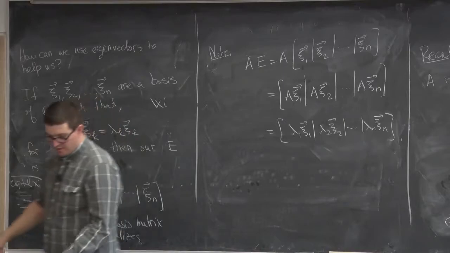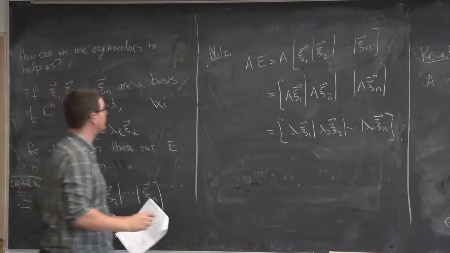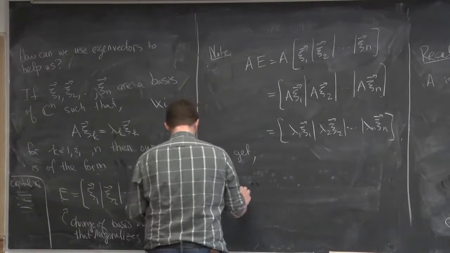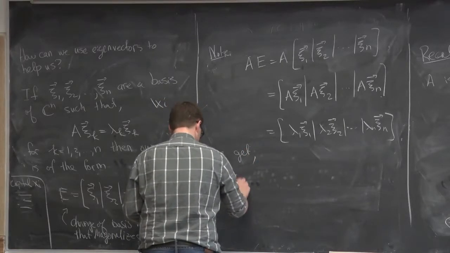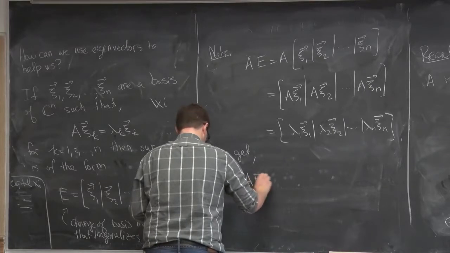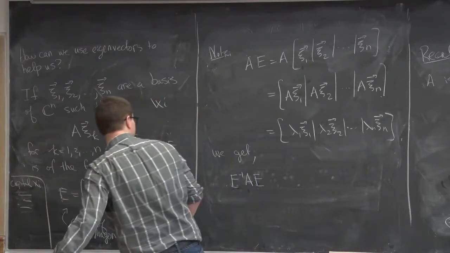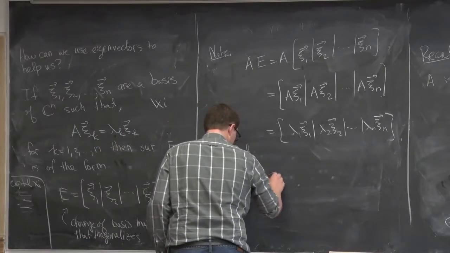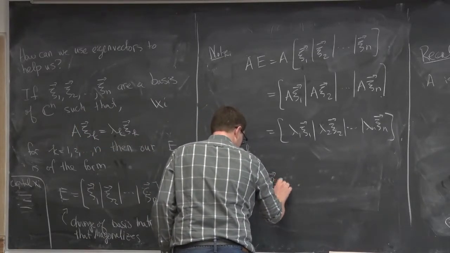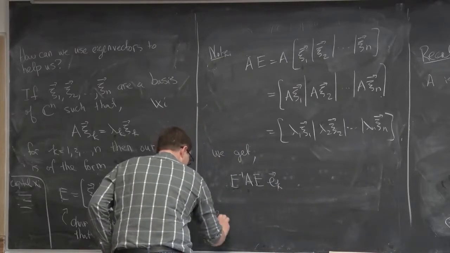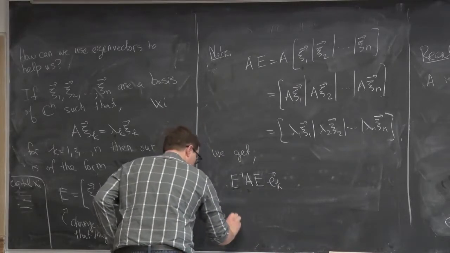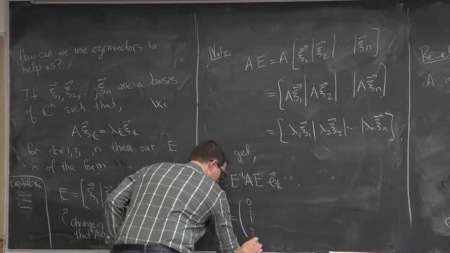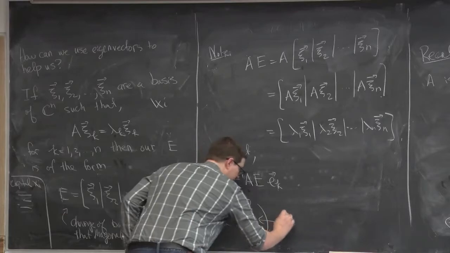You can check this. So let's check what this thing does. Let's do e_k. So e_k will be the vector 0, 1, 0, with the 1 in the kth entry.